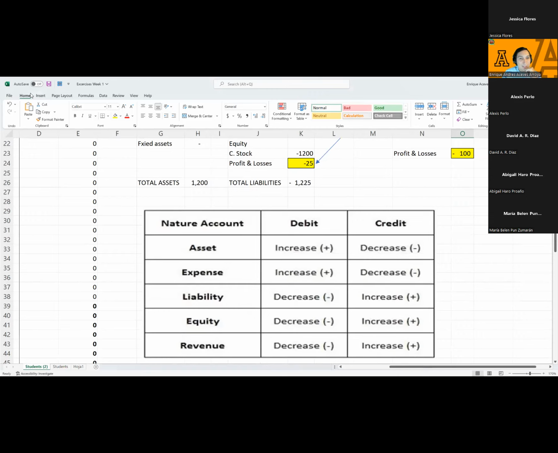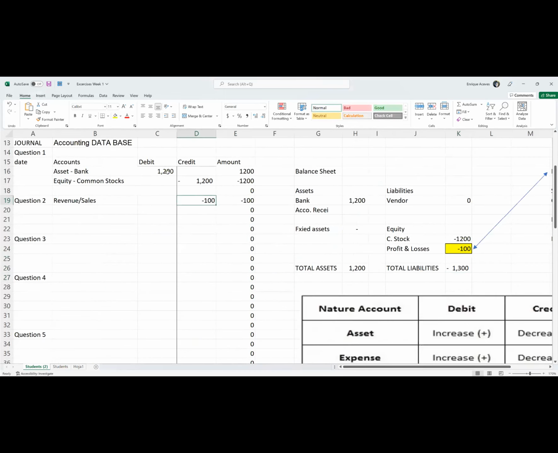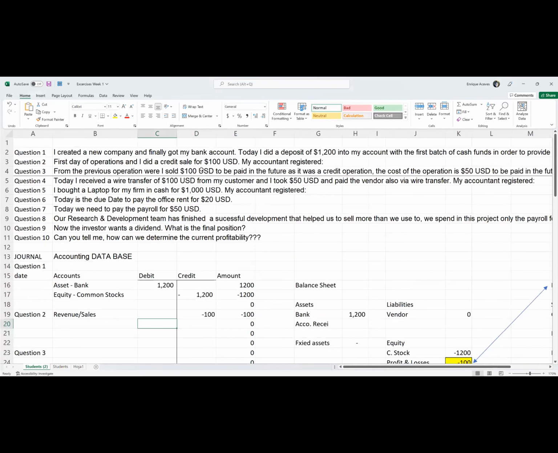First of all, guys, let's match this accounting register, okay? Because currently we are not balancing. We're missing 100 positive. It's because we have just a credit, but for every credit, we need a debit. What is the debit of this transaction, guys? First day of operations, and I did a credit sale.